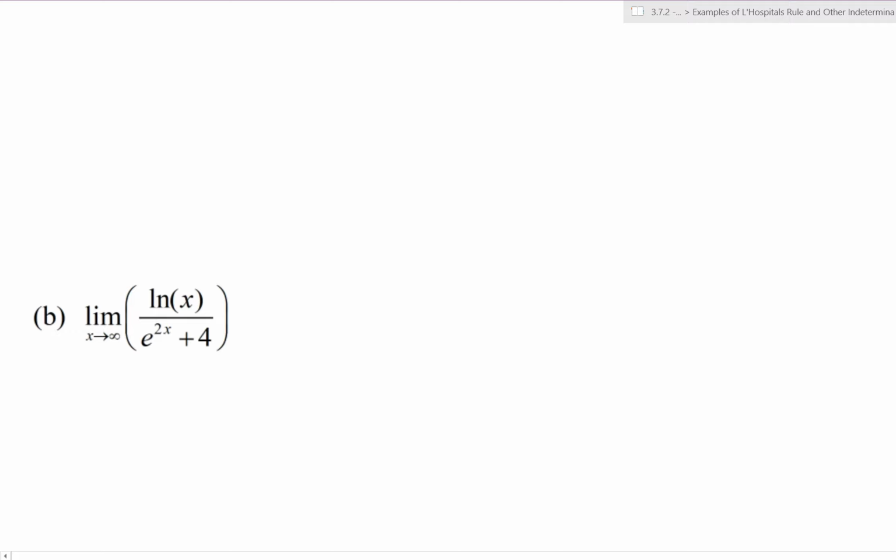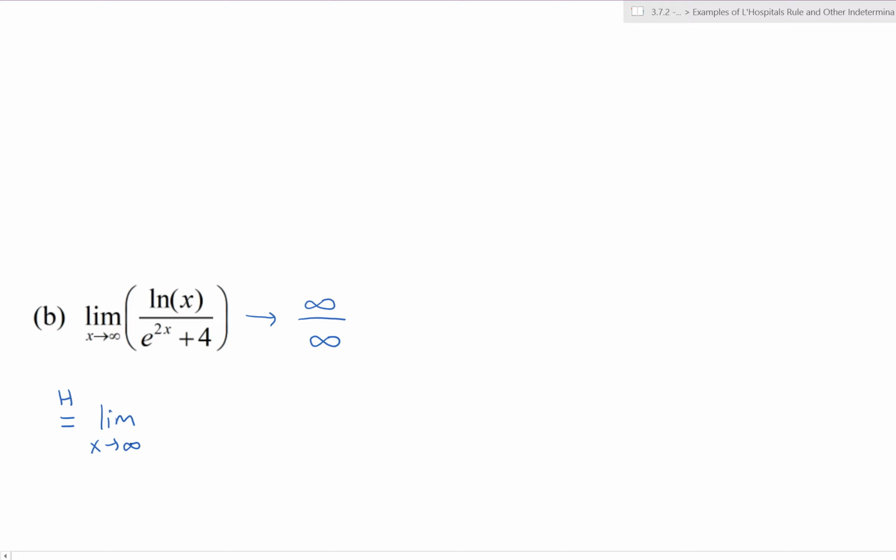So what happens here? Well, as x approaches infinity, natural log of x approaches infinity. As x approaches infinity, e to the 2x plus 4 also approaches infinity. So once again, L'Hôpital's Rule applies. So we apply L'Hôpital's Rule right here, using the notation, and get that this limit is the same as the limit as x goes to infinity now.